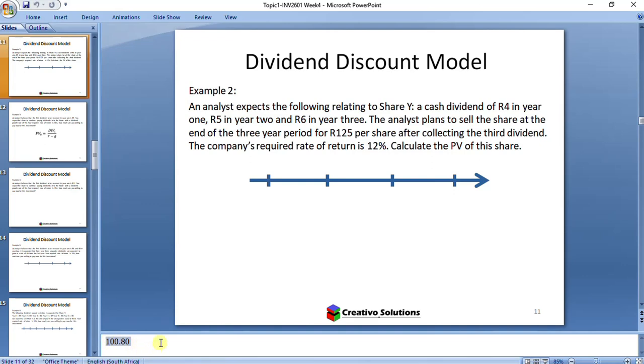So if I go to the market and I see those shares are selling at less than 100 Rand 80 cents, that would indicate that those shares are undervalued, so then I would purchase those shares. If the price in the market is greater than 100 Rand and 80 cents, then I would consider that share to be overvalued. So it all depends on your workings: do you consider those particular companies or shares in those companies to be undervalued or overvalued?